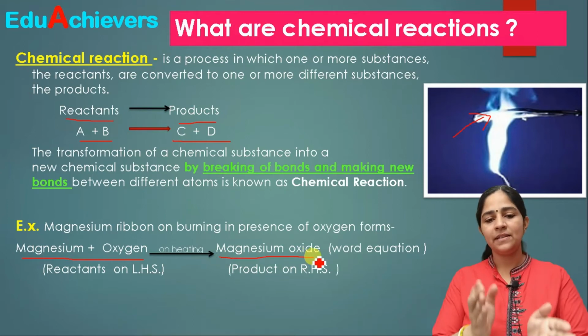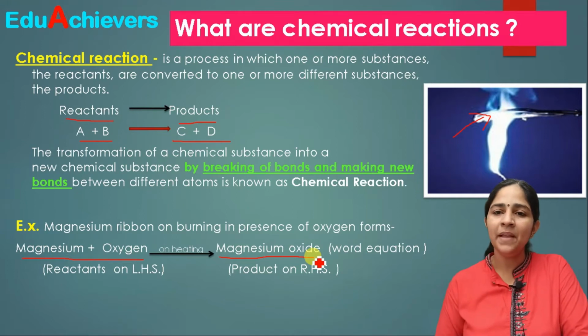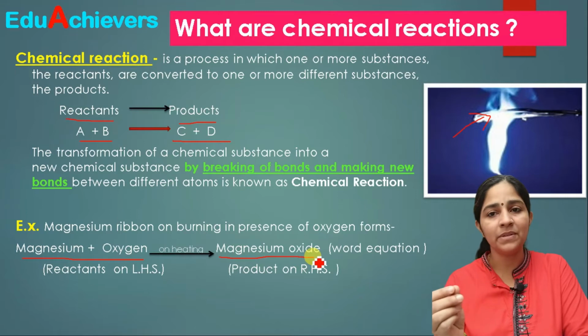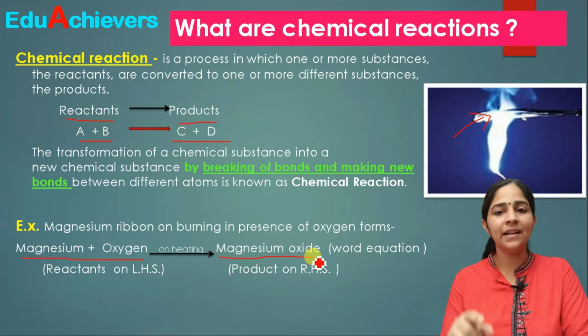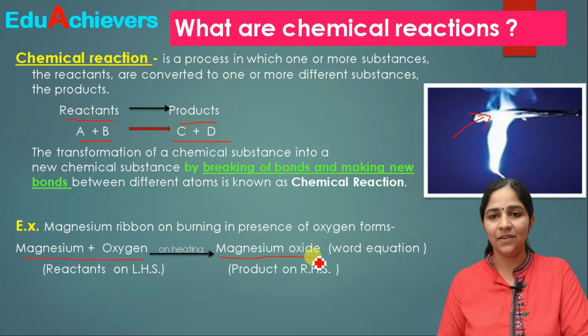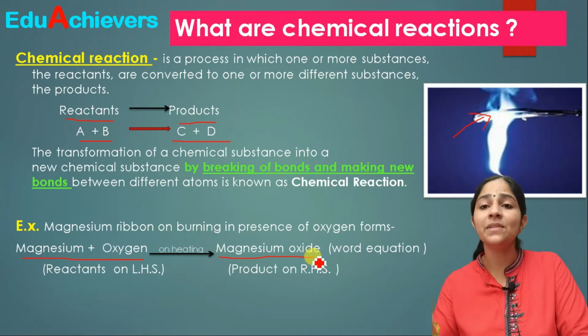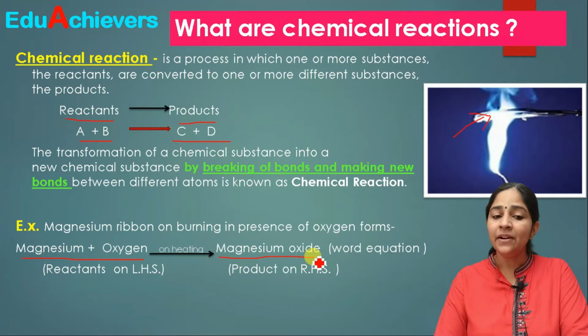So here you can understand that a new substance is formed. Now how can we say that? When we burn magnesium, a solid ash-like substance is formed, and you can see that ash on the surface once the magnesium burns. So we can understand that a new substance is getting formed, or the original magnesium has changed into something else, correct?